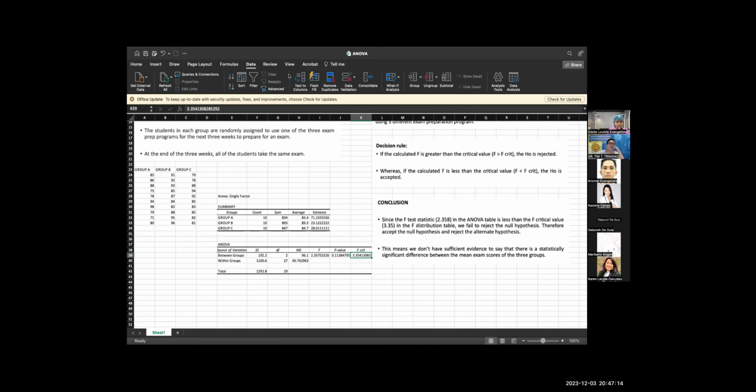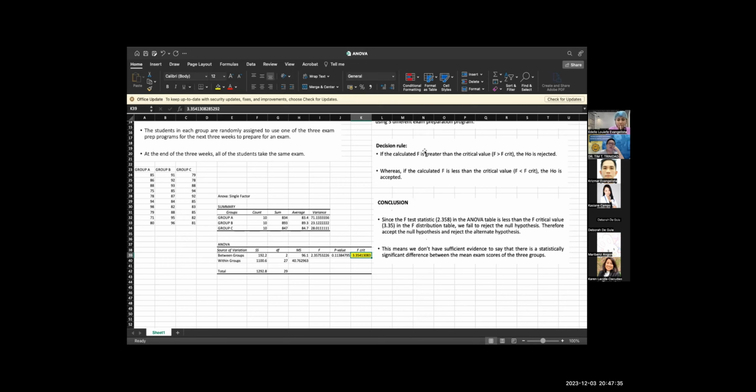Go to Home. Home. Yun, sorry. Yeah, lagyan mo ng yellow. So ito lang naman ang importante diyan sa summary na yan, no? So this will be your critical F value.